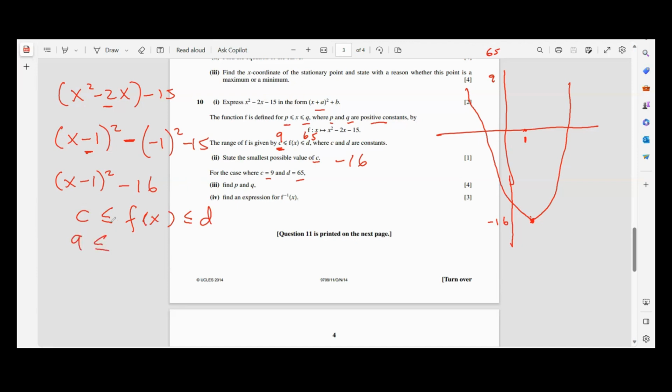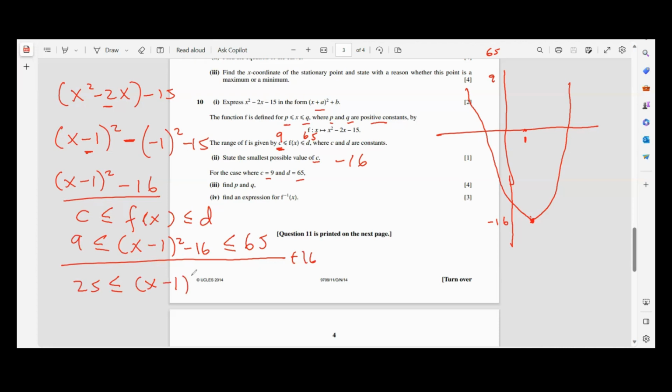The f(x), okay, we'll use this here. So (x minus 1) squared minus 16. D is 65. Okay, so everything plus 16. Delete the 16, so the middle part I want it to only have the x. So plus 16 becomes 25.